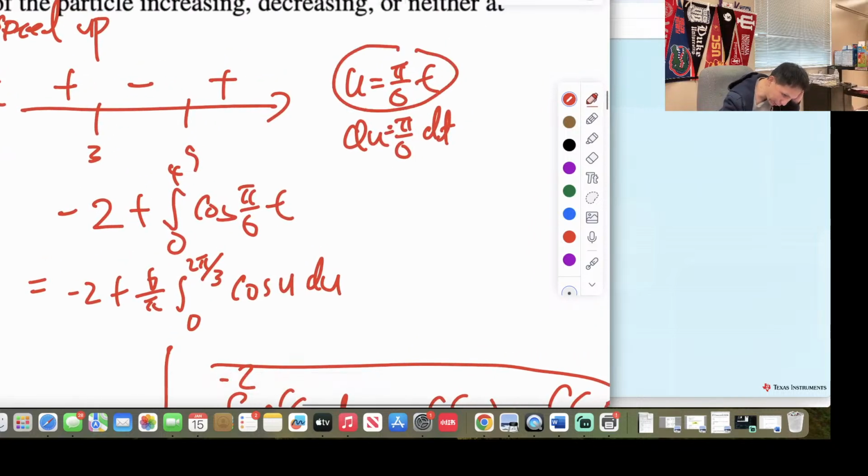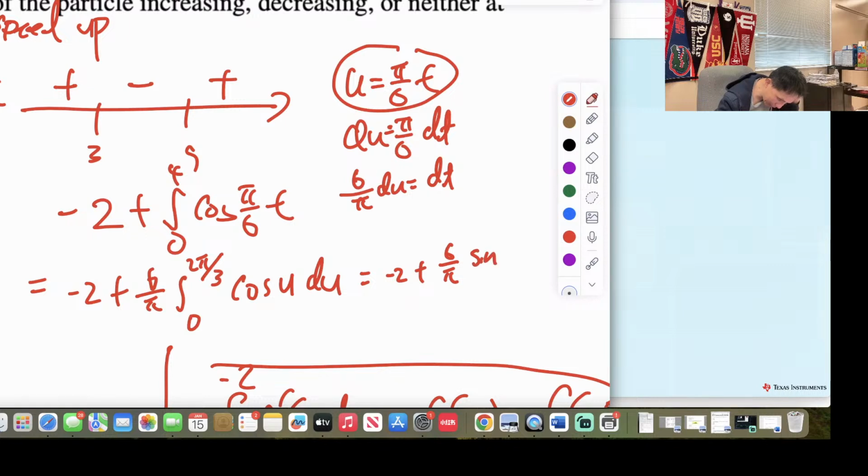I do u equal to this. du is equal to pi over 6 dt. And so it'd be 6 over pi du equals dt. So 6 over pi. What's the integration of cosine of u? Sine of u, right?